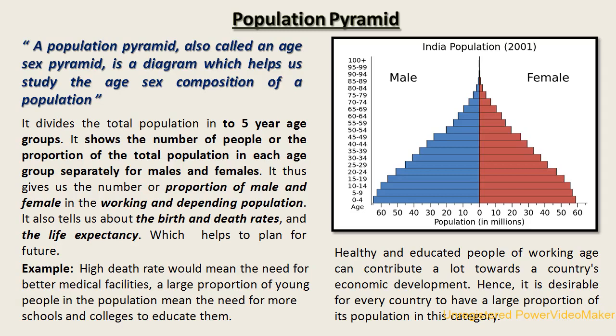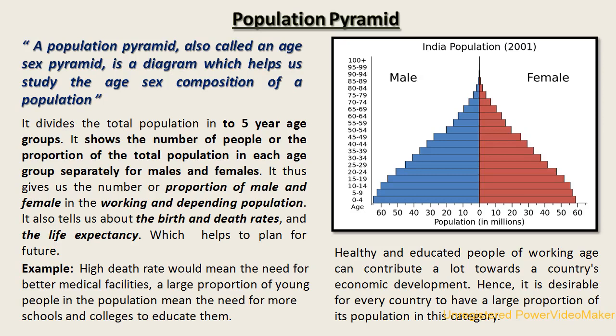It also tells us about the death rate, birth rate and the life expectancy, which help us to plan for the future. For example, a high death rate would mean the need of better medical facilities. Suppose 75 above, only a few people, means we are not having that much medical facilities.